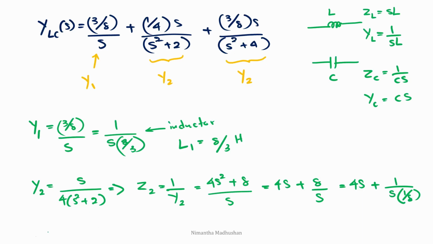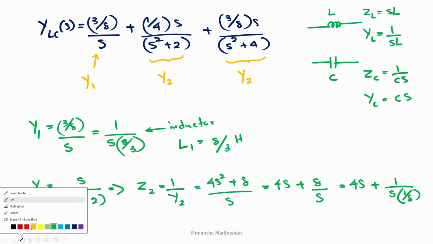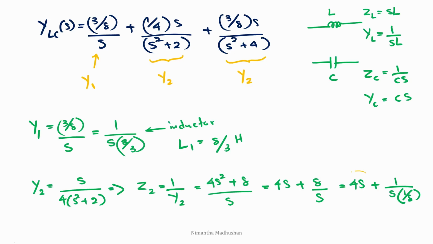These two are similar. Then if we consider the representation of this impedance, I name it as ZA. If we check these impedance values, it is similar to an inductor, and the value of the inductor is 4 Henry. And if we check this impedance value, I named it ZB.